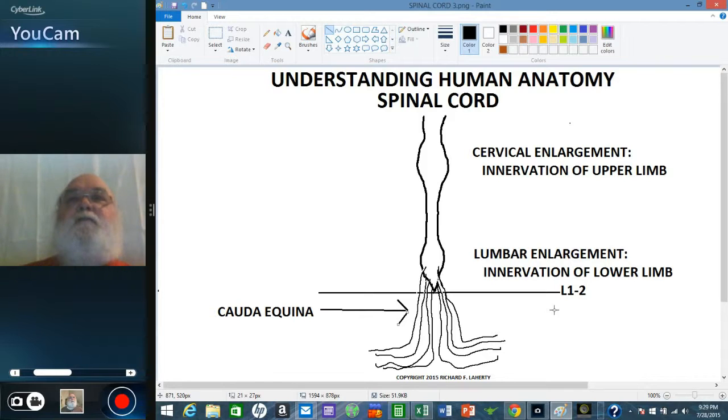Each spinal nerve begins as a series of rootlets, a series of dorsal rootlets, which are only sensory, and a series of ventral rootlets, which are only motor. Associated with the dorsal rootlets is the dorsal root ganglion, which contains the cell bodies of the primary sensory nerves of that segment.